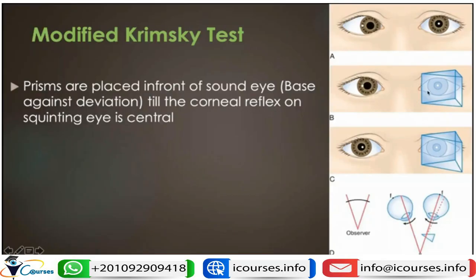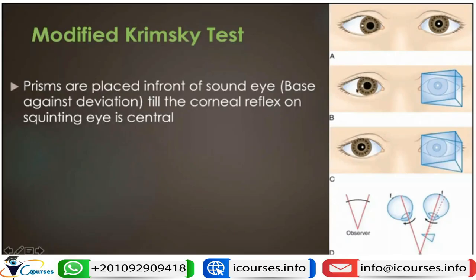So what happens when we do this? This will lead to corrective movement of the eye. The light rays will be displaced toward the base, while the image and the eye will be displaced toward the apex. So this will lead to movement of the eye nasally.